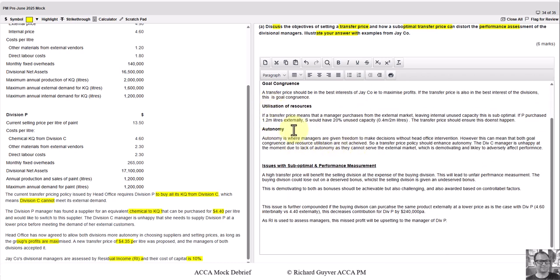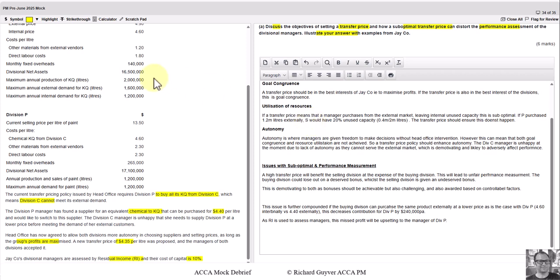Utilisation of resources. If a transfer price means a manager purchases from the external market, leaving internal unused capacity, this is suboptimal. And then my example, if P purchased 1.2 million litres externally, S would have 20% unused capacity. Little side calculation. The transfer price should ensure this doesn't happen.